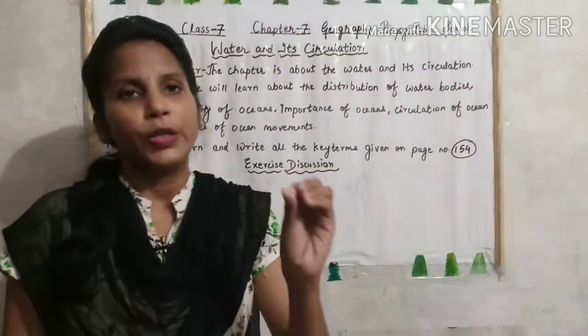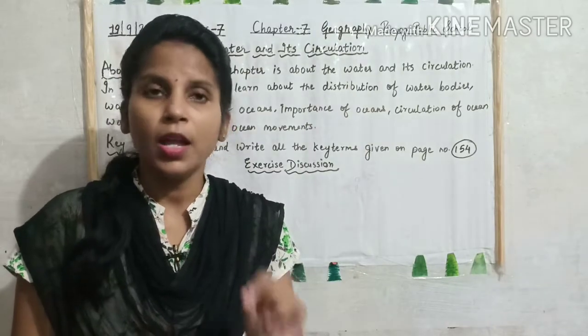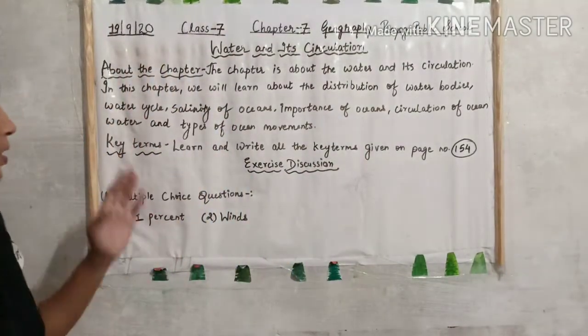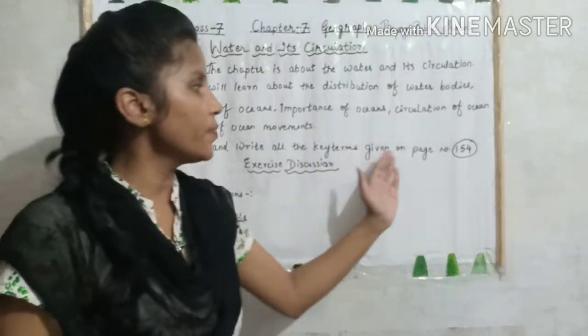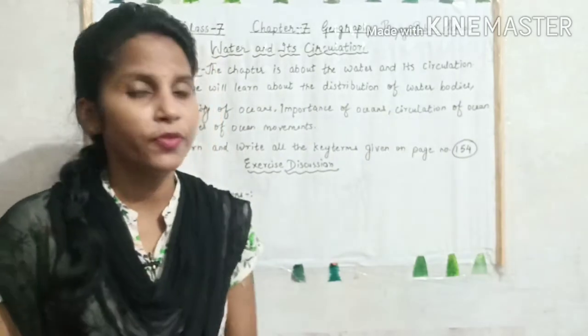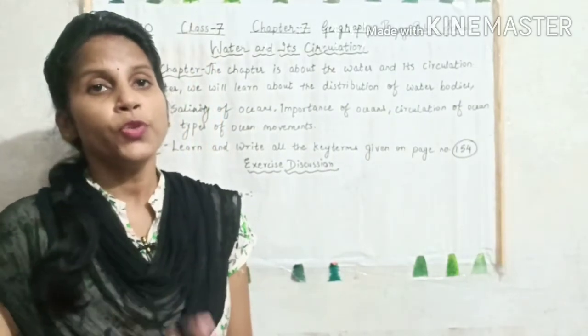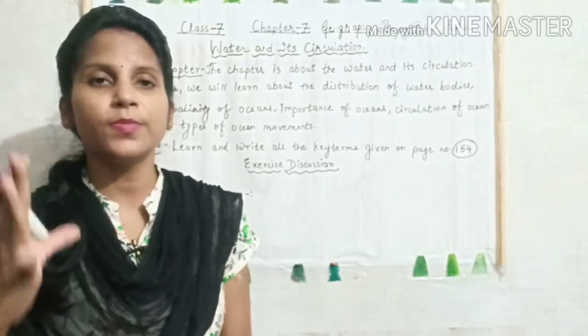Children, first of all you have to put the date, then write the number and name of the chapter, then about the chapter. Now key terms. Learn and write all the key terms given on page number 154. When you open the chapter, you will see that at the starting of the chapter key terms are given.